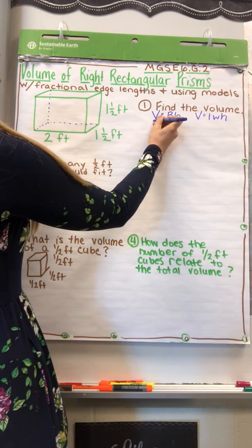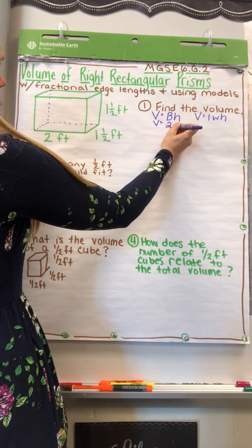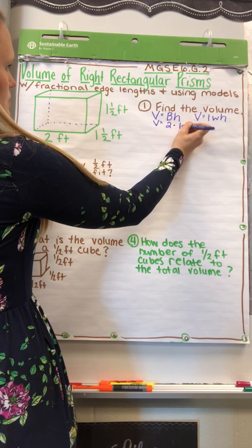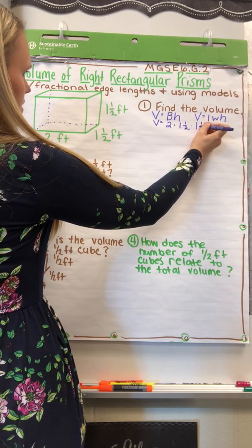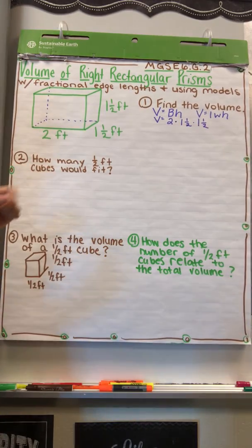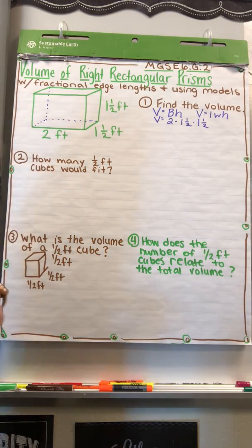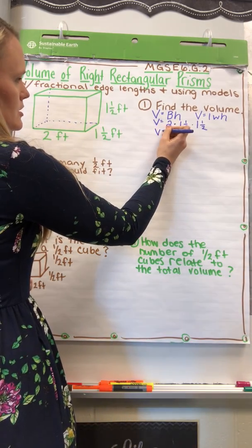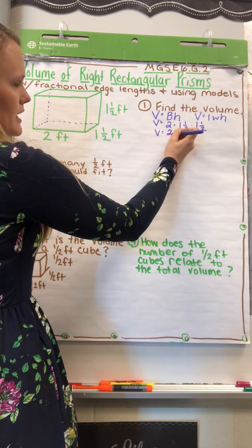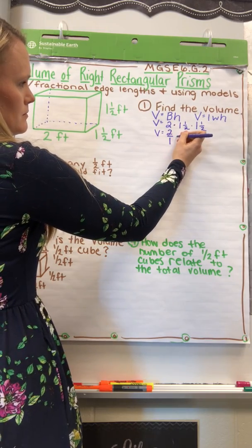Alright, so volume would be equal to 2 times 1 1/2 times 1 1/2. When you have whole numbers and mixed numbers, you need to make them all into improper fractions. So whole numbers can be turned into an improper fraction by putting it over 1.